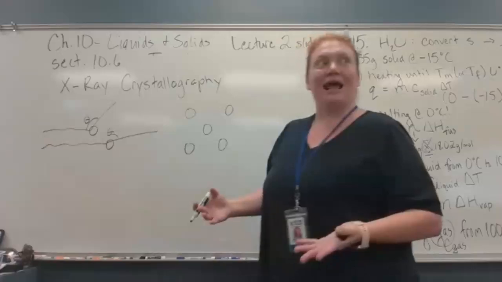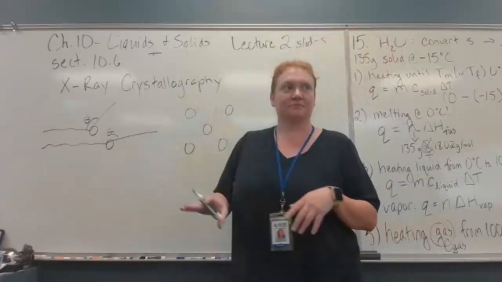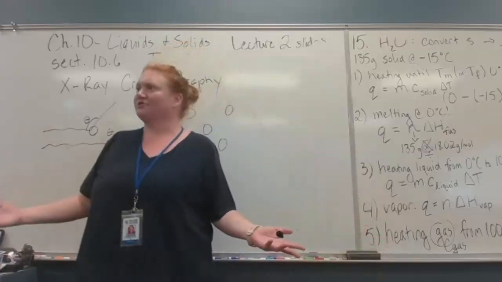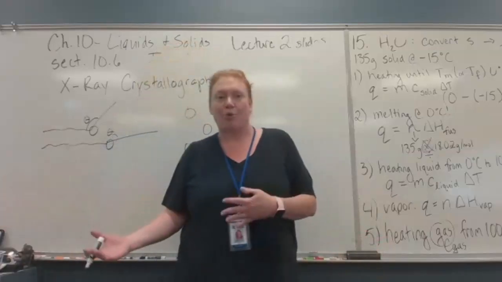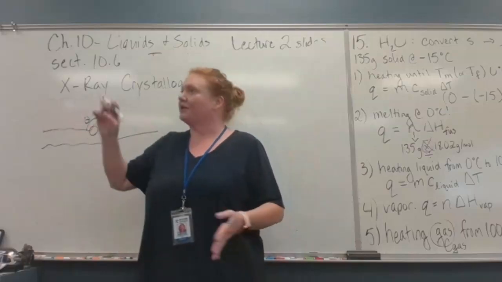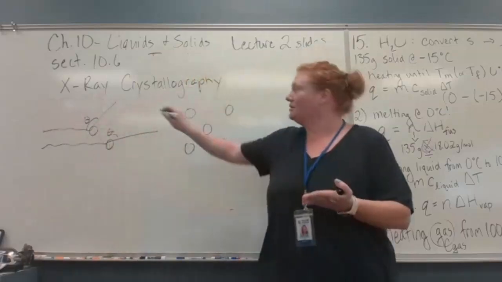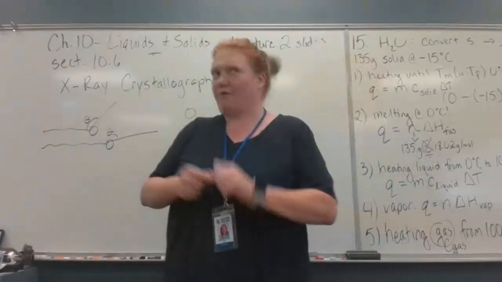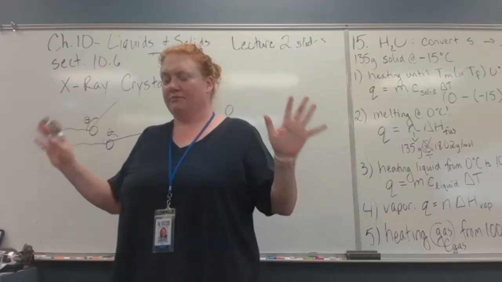How do I know it's not just random? Well, if it was random, the diffraction pattern would show that it was random. That's how I know it's not amorphous. I know it's a crystalline solid because there are repeatable diffraction patterns.